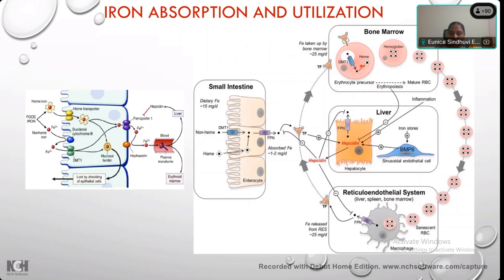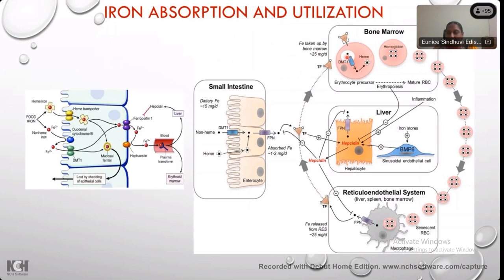So how is this transferrin taken up by other tissues? The main user of this transferrin-bound iron is the bone marrow, where it is used mainly for RBC production. The transferrin-bound iron is endocytosed, and once it is inside the endosome, the acidic medium releases the Fe3+ from the transferrin, and this is converted to Fe2+ via STEAP3.